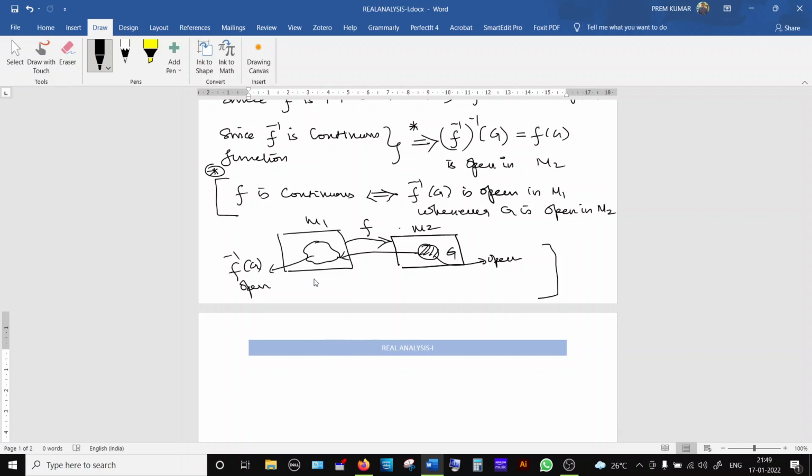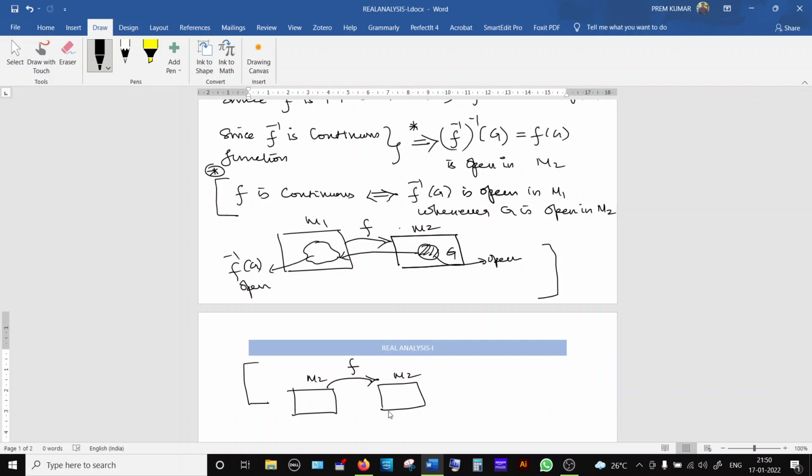For this theorem, f is a function from the metric space M1 to the metric space M2. But what about f inverse?